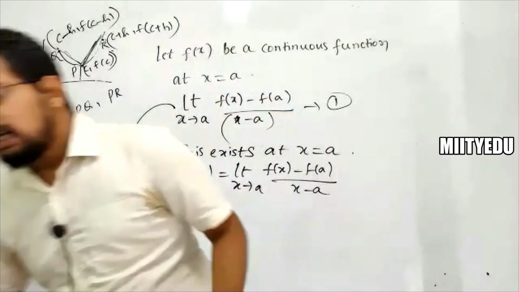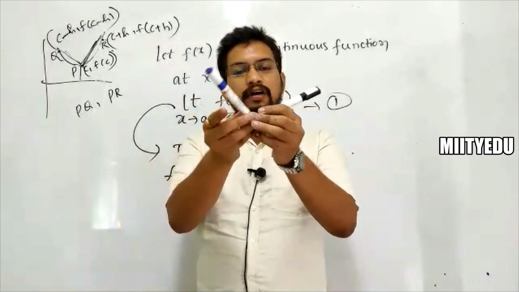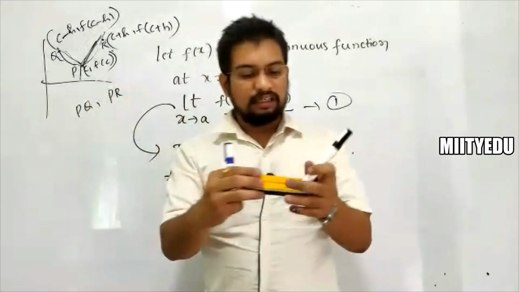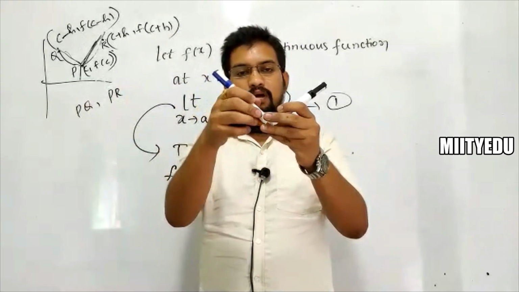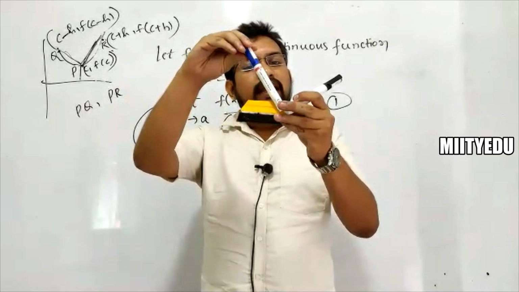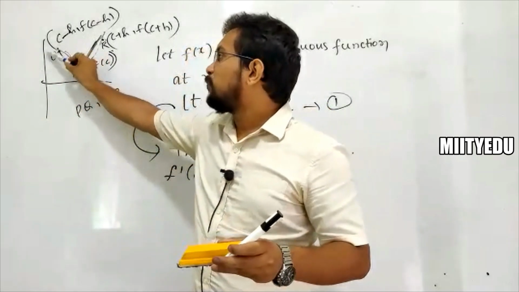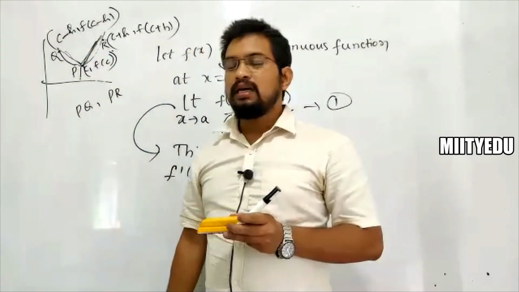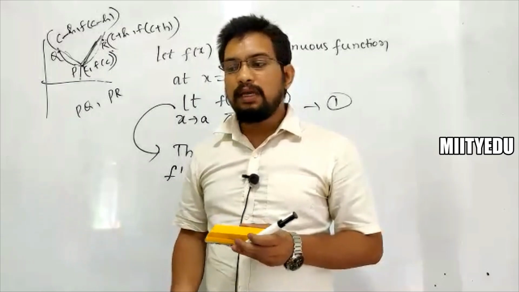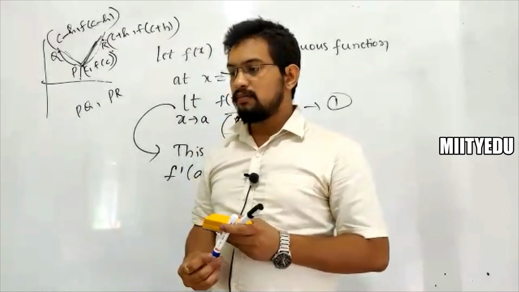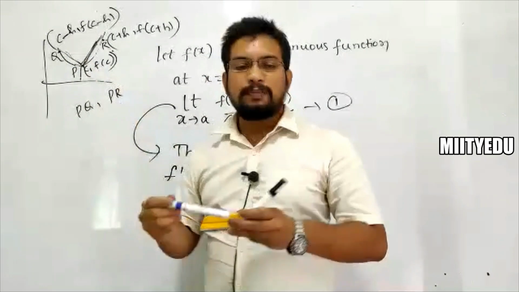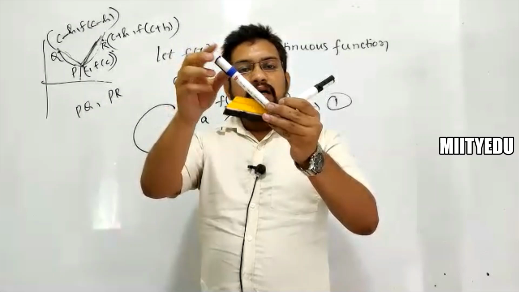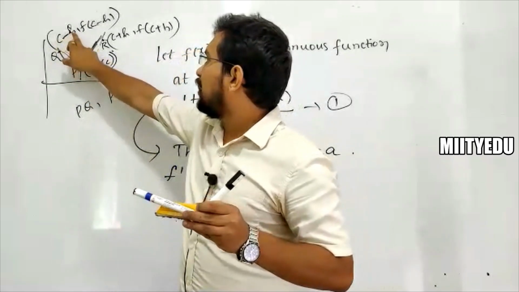I'll take a curve, a chord and two tangents, something like this. Now I'll let the point Q travel towards P. This is nothing but h tends to 0.